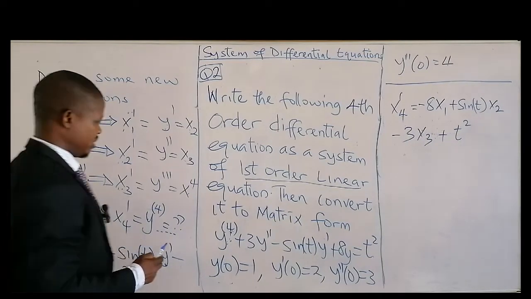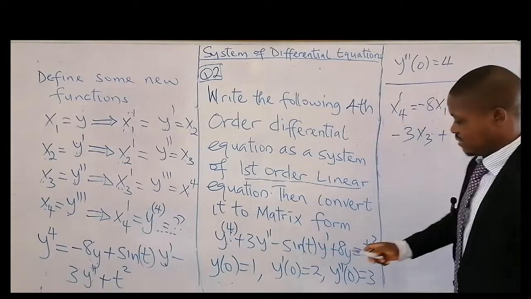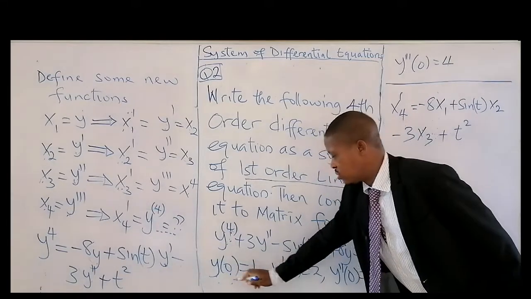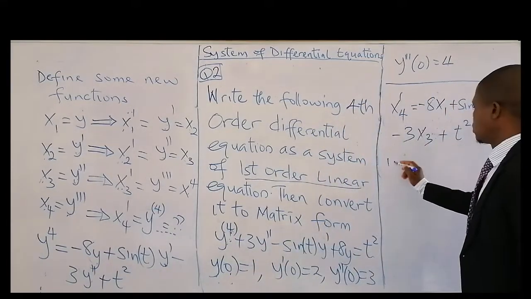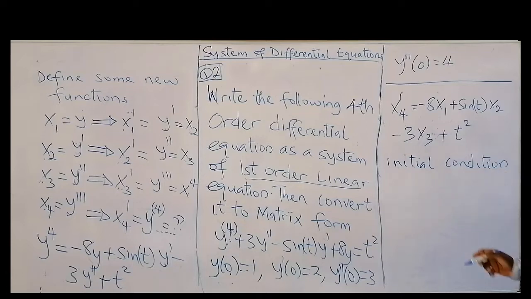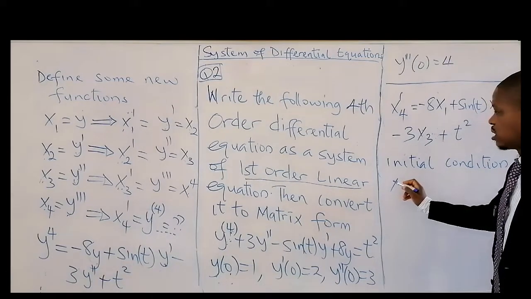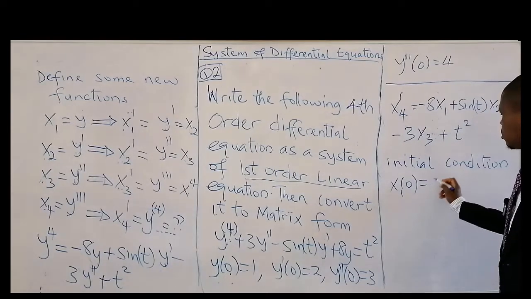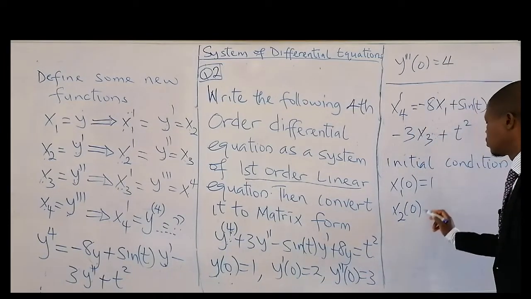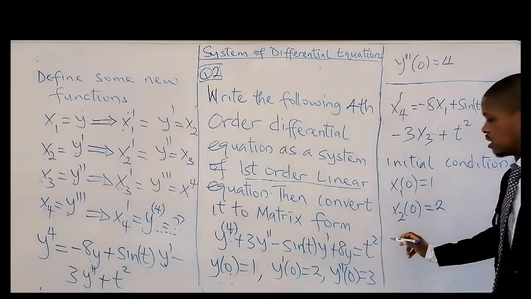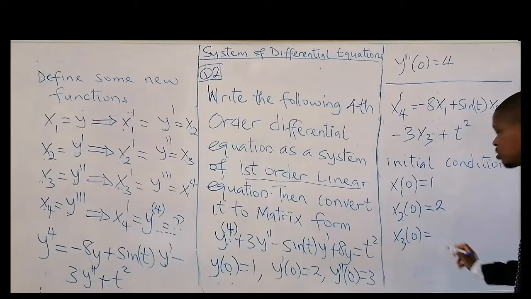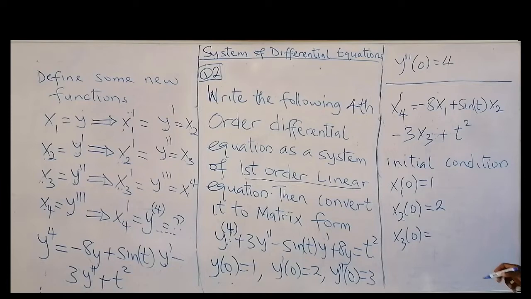The next thing we want to do now is to quickly convert the conditions given. For the initial conditions, y of 0, y is x1, equals 1. y prime is x2, equals 2. The second differential of y, that's x3, equals 3.